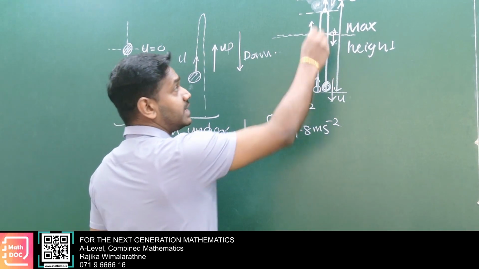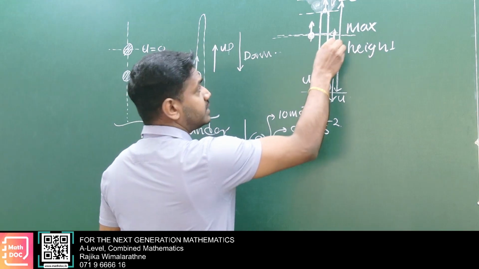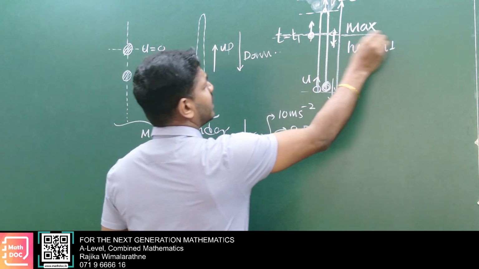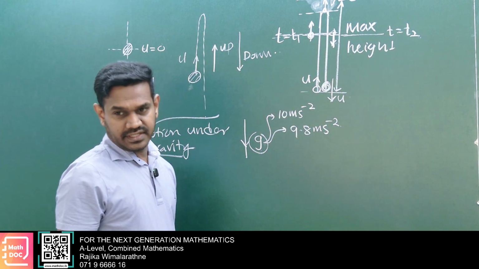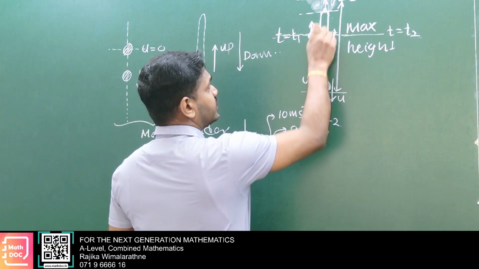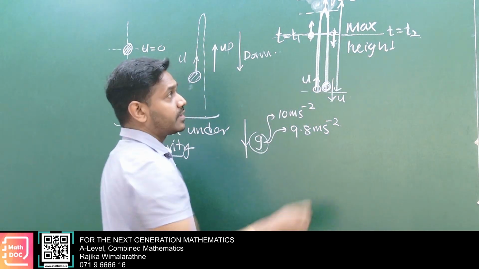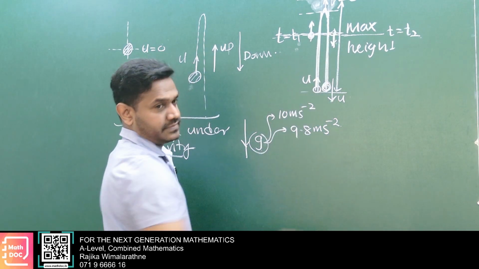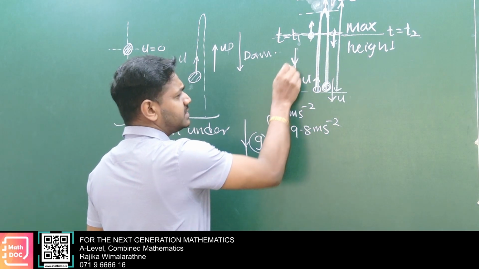For upward and downward there are two cases: time t equals t1 and time t equals t2. So maximum height is only one position, but at some level below that there are two different times. Anyway, in each case the downward acceleration is g.